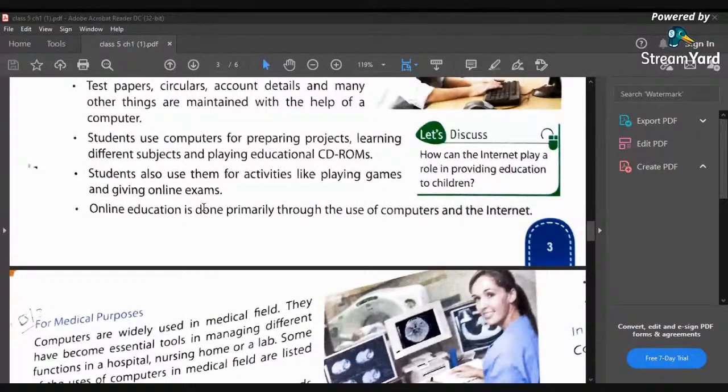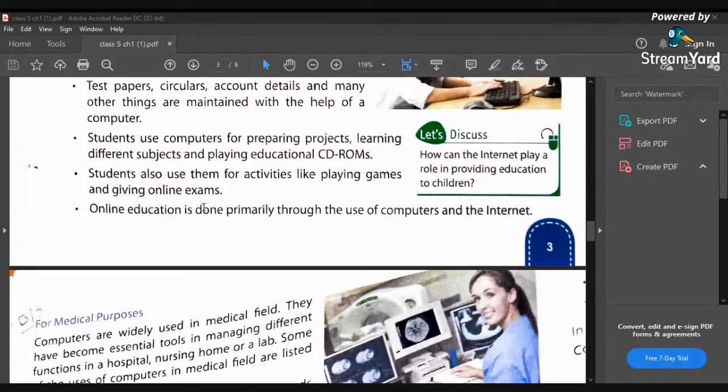The online education system is done primarily through the use of computers and the internet. Students, I hope everybody knows this.